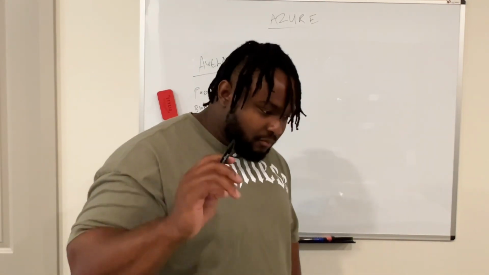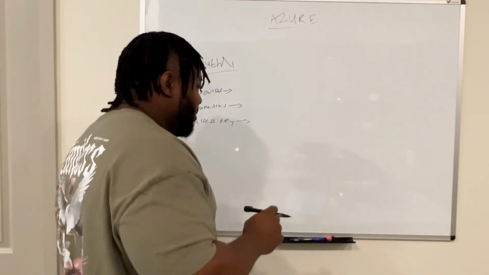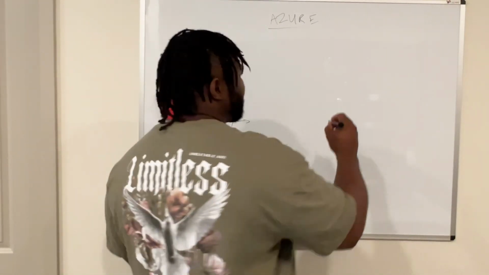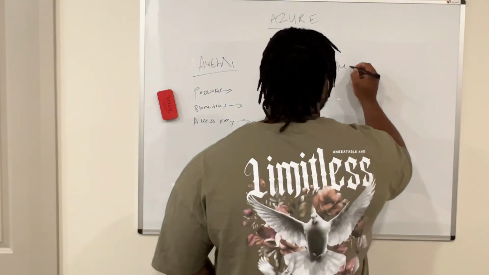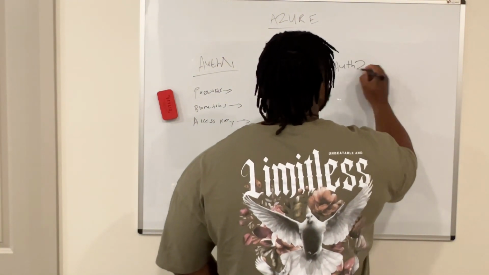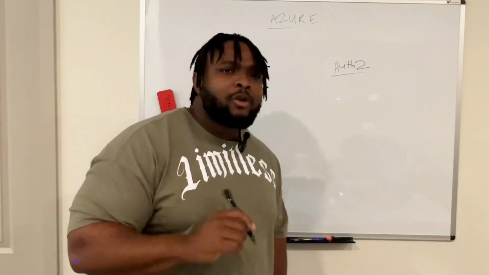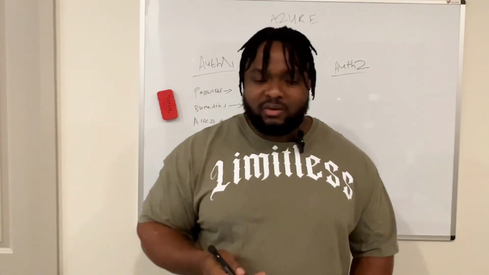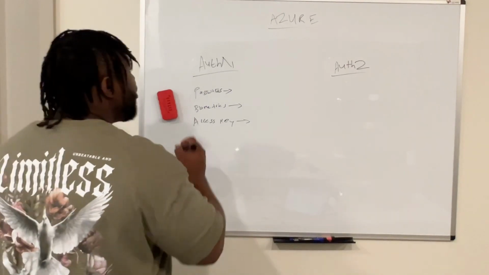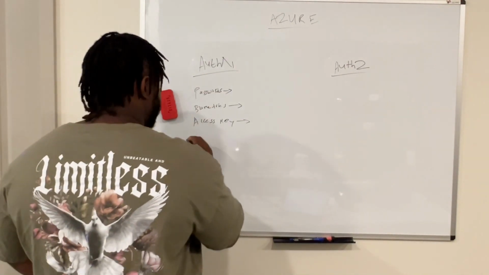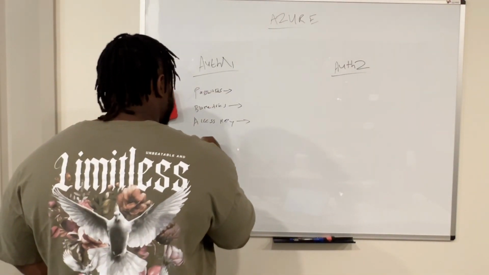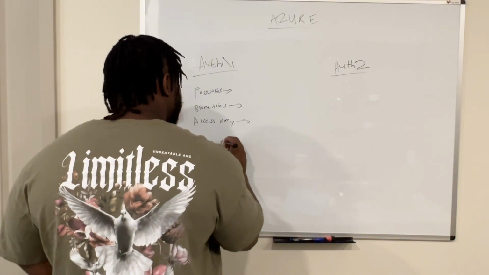Now let's talk about authorization. Authorization also has a short form, which is AuthZ. And just like I said already, authorization is just about what you can do. Authentication is who you are.